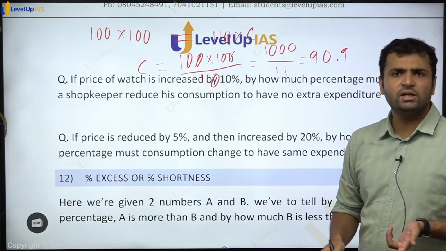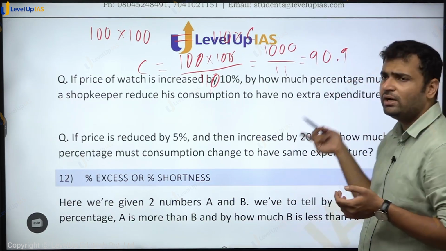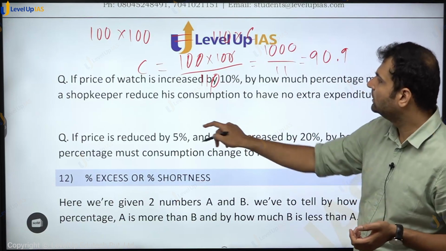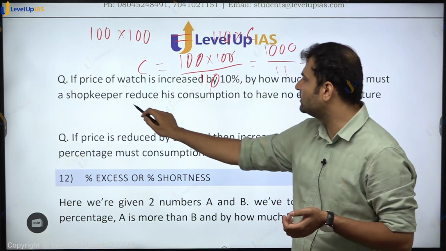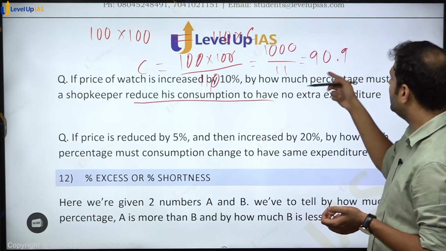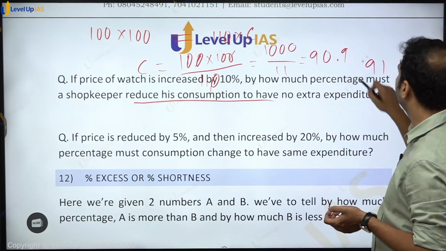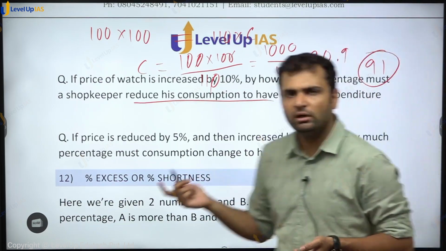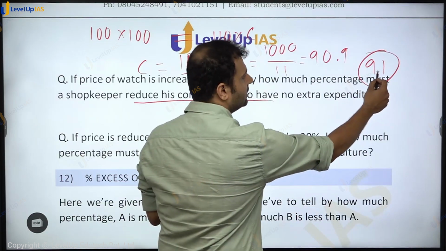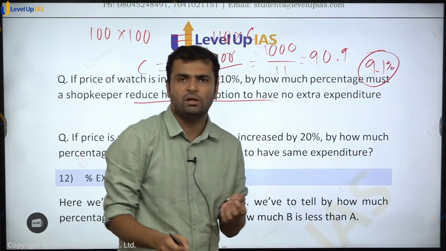So his new consumption is some 90.9. So by what percentage he must reduce his consumption? It is 100 minus this quantity. So what? 9.1. Right? This is roughly 9.1% से उसको अपना consumption reduce करना पड़ेगा.